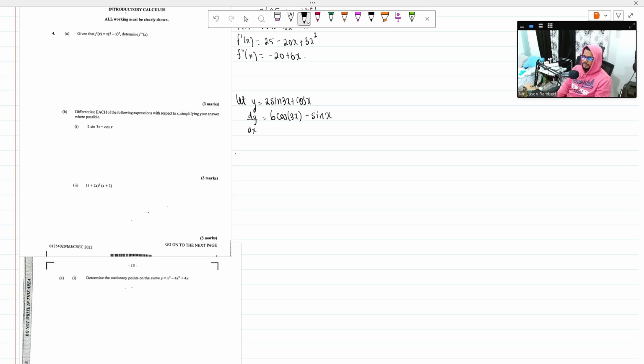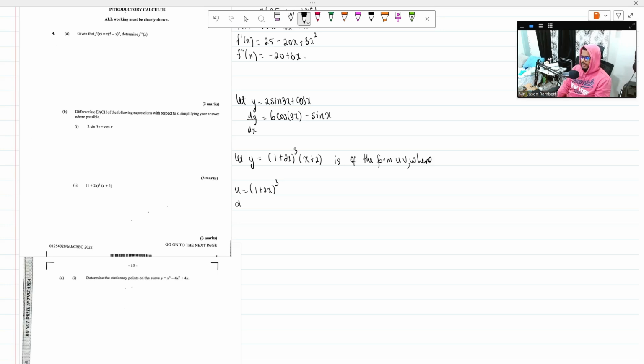Part 2, I'll also let y be equal to 1 plus 2x all cubed into x plus 2. There are a number of ways we could go ahead and differentiate this. The easiest way is using the product rule. We say it is of the form uv, where u is 1 plus 2x all cubed.